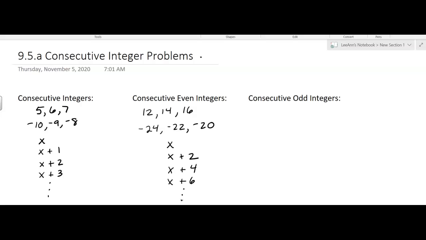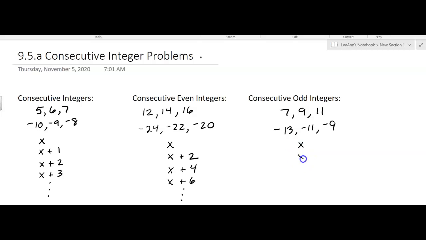Okay, consecutive odd integers. Well, that's going to be something like 7, 9, 11. Or -13, -11, -9. Those would be examples of consecutive odd integers, 2 different examples there. So you're going to make the first integer x, and then here's what throws students sometimes.